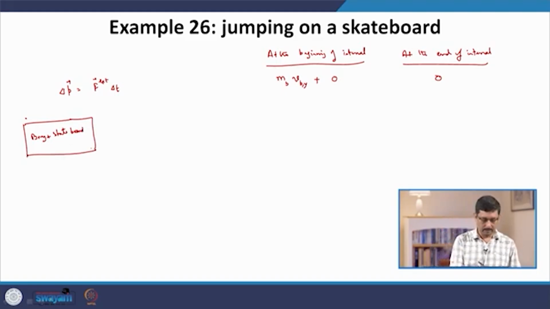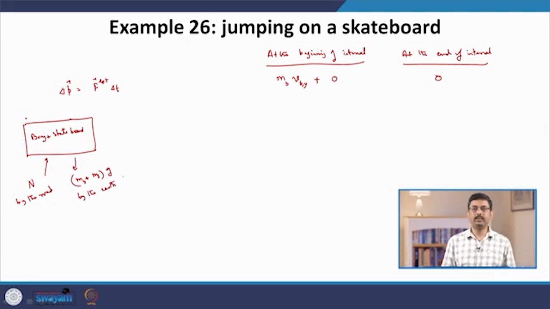So, what are the forces? There are two forces, one force by the road and the other force is gravity, which is by the earth. As we have discussed many times, these two forces are very different forces, they have different physical origin.